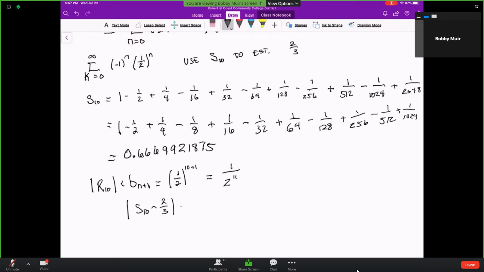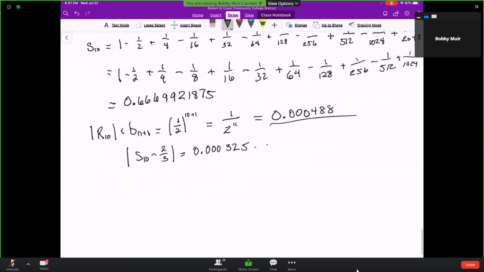The actual number is 0.000325. And if we look at 2 raised to the 11th power and flip it over, it is 0.000488. So by design, it worked. The error can be no bigger than this number, and it worked out for us.